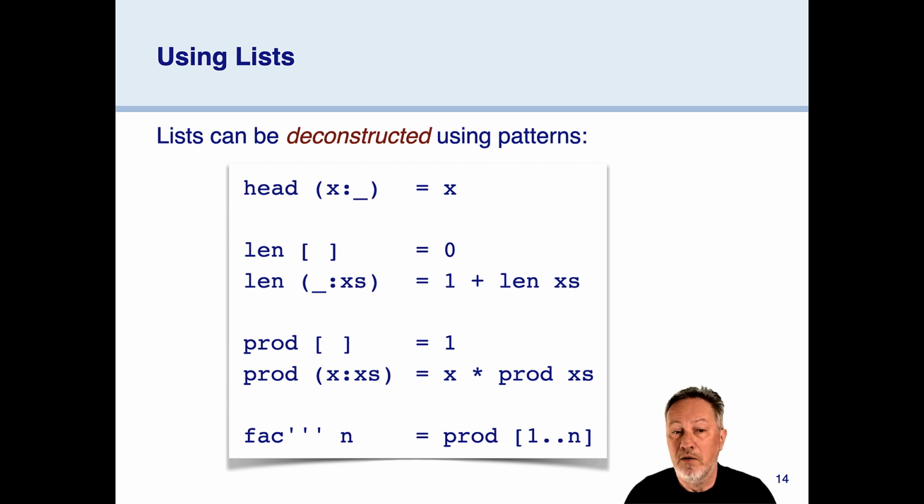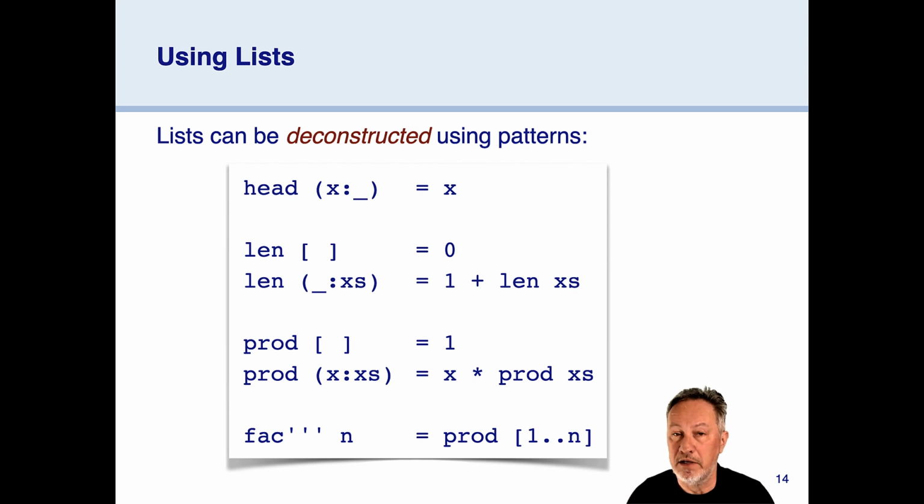So here, if we want the head of a list, we write a function that takes as a pattern x colon anything, and that allows us to access the head of the list. So the head of a list which has been constructed with x colon something is simply x. Now we can define other functions, like, for example, length.